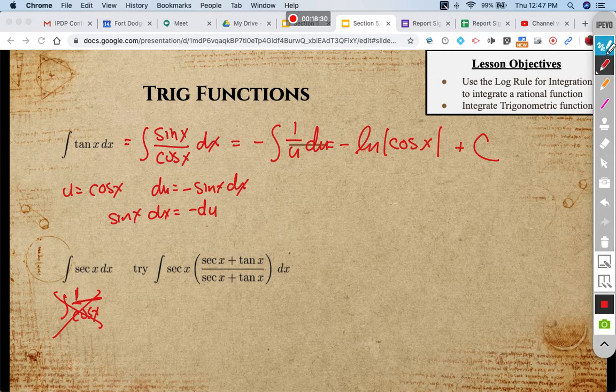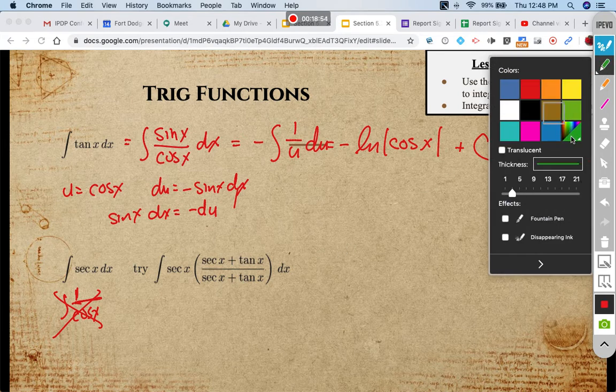So I'm going to tell you, this is the trick you do. We looked at this back earlier when we were looking at these trig functions. If we multiply by 1, this is where the creativity comes in. Secant plus tangent over secant plus tangent. Why in the world would we do that, Mr. Wilkin? Right, that sounds like a stupid thing to do, but it works out really sweet.